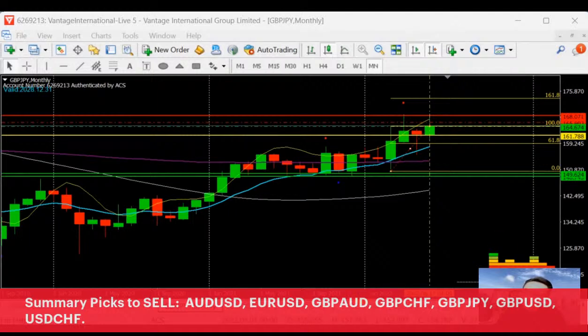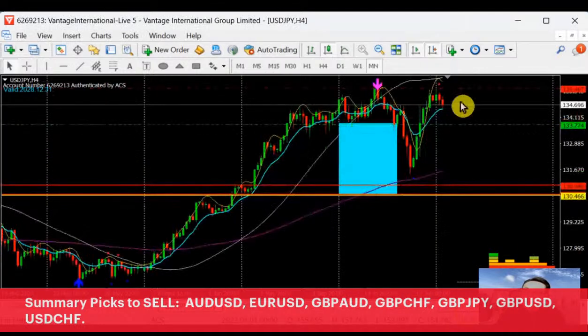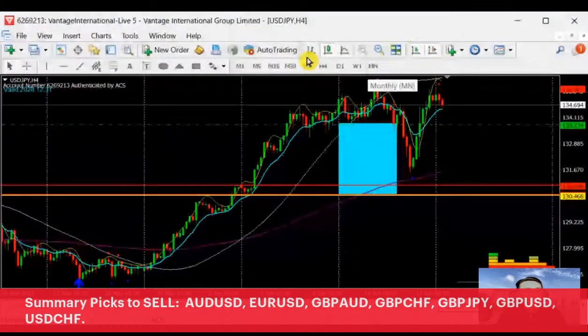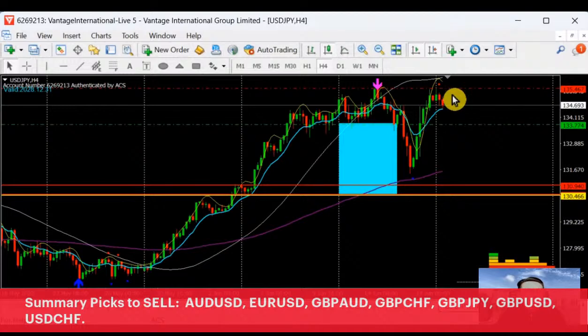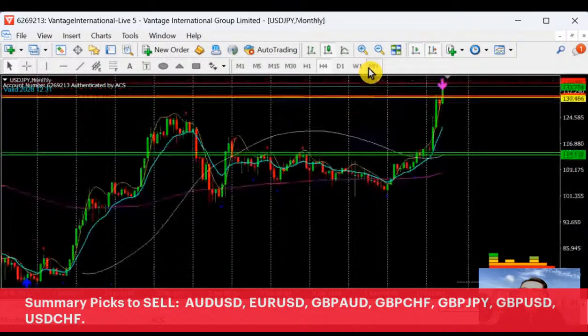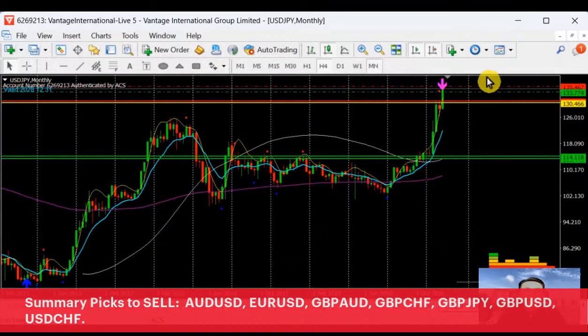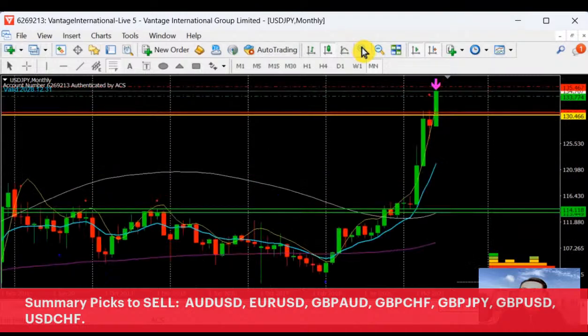Wait, let me go to Dollar Yen first. Dollar Yen monthly chart. Can I say probably this is the one?